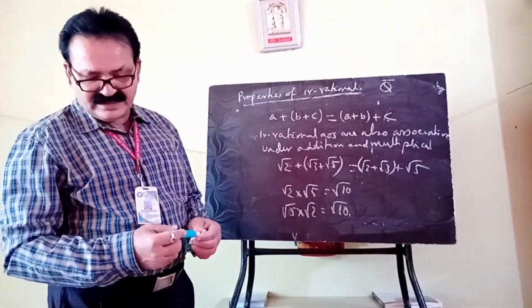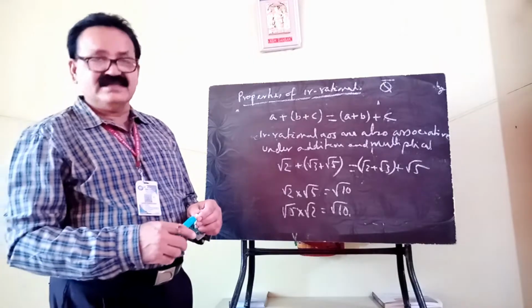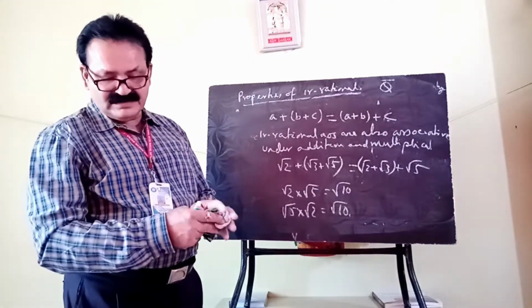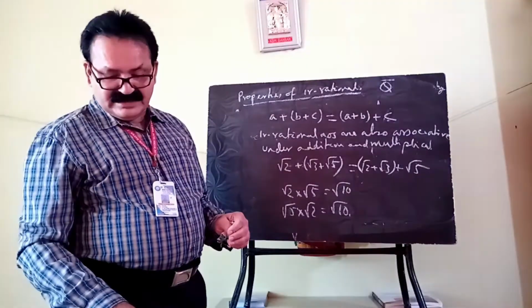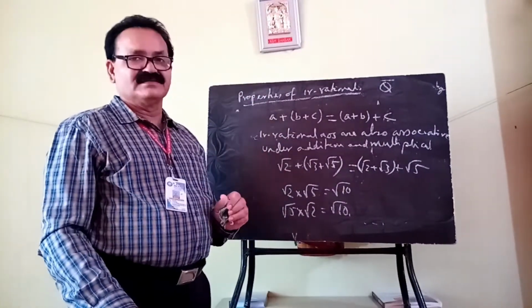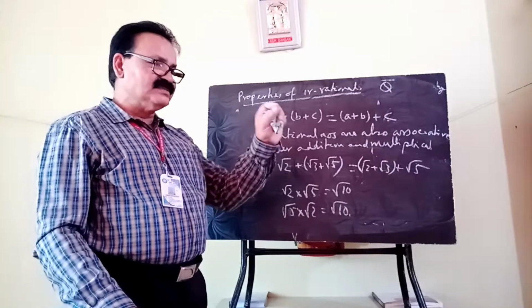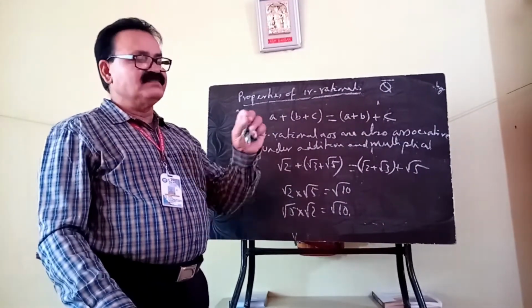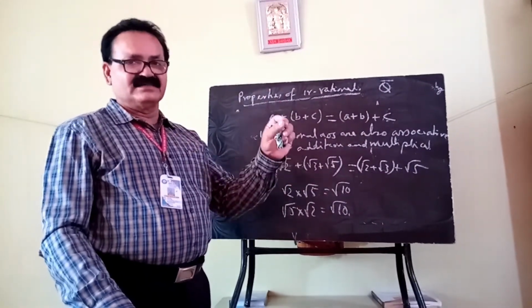Okay. Similarly, you already know that the multiplicative identity for rational numbers is 1. If you multiply 1 with any rational number, the value remains invariant.